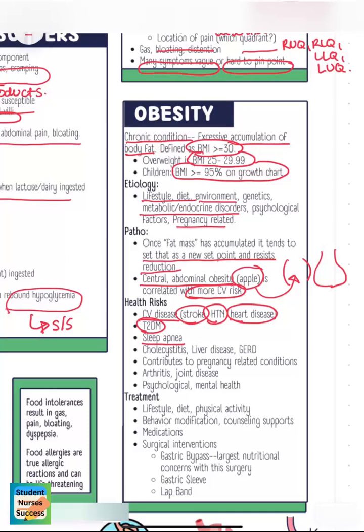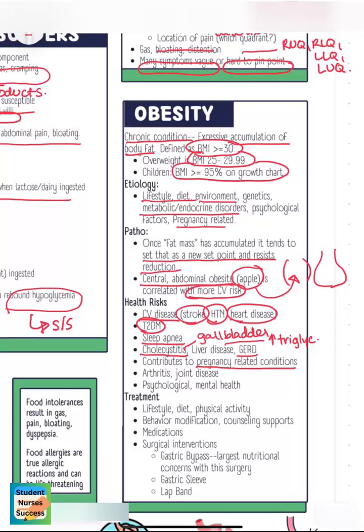We know that there's increased cholecystitis or gallbladder disease. We know that it can increase liver disease from increased triglycerides, and it can increase gastroesophageal reflux, and that's from increased intra-abdominal pressure, which can cause refluxing of stomach acid up into the esophagus.